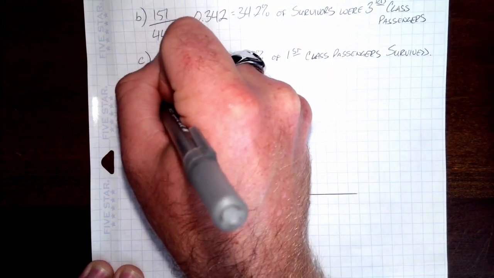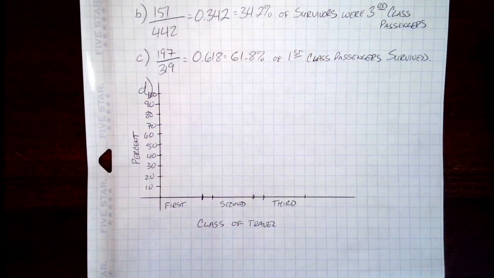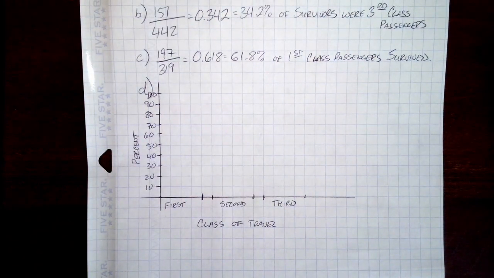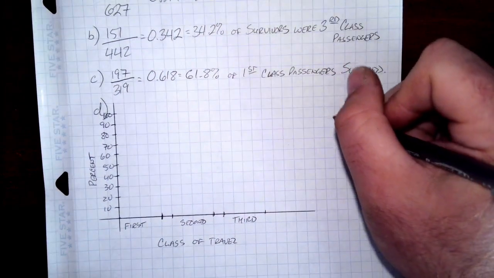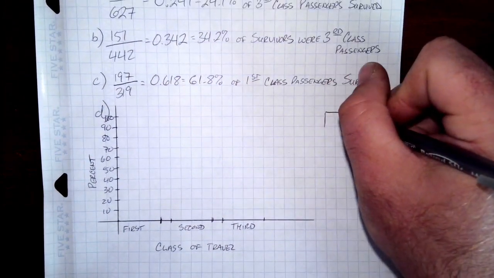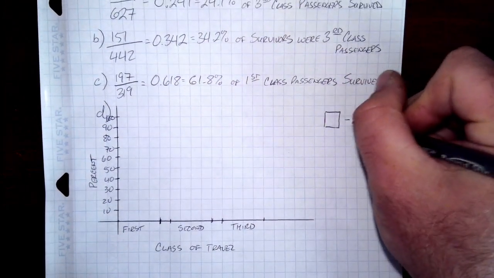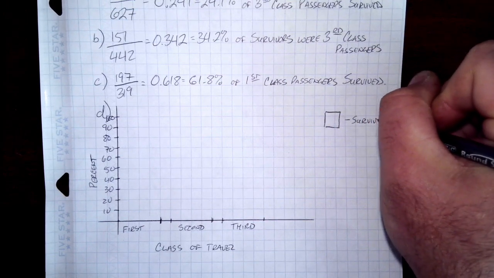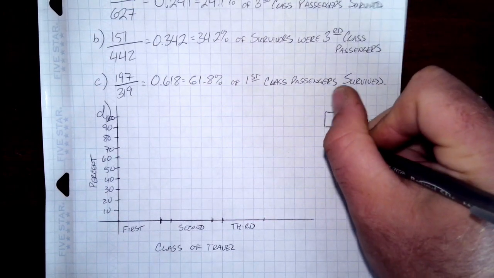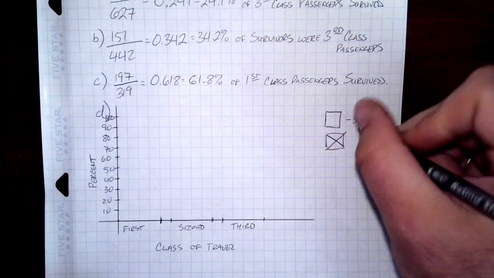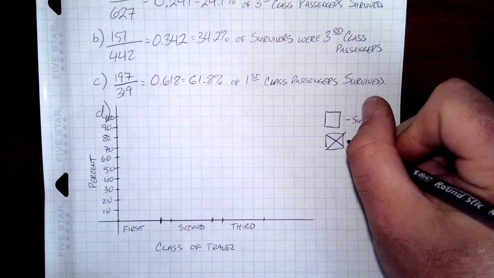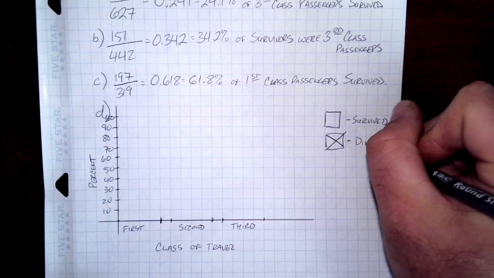And this is so we can see what happened within each group. We also need to set up a little key. So anything that's just a blank, I'm going to say is survived. Anything that's got an X in it is going to be died.